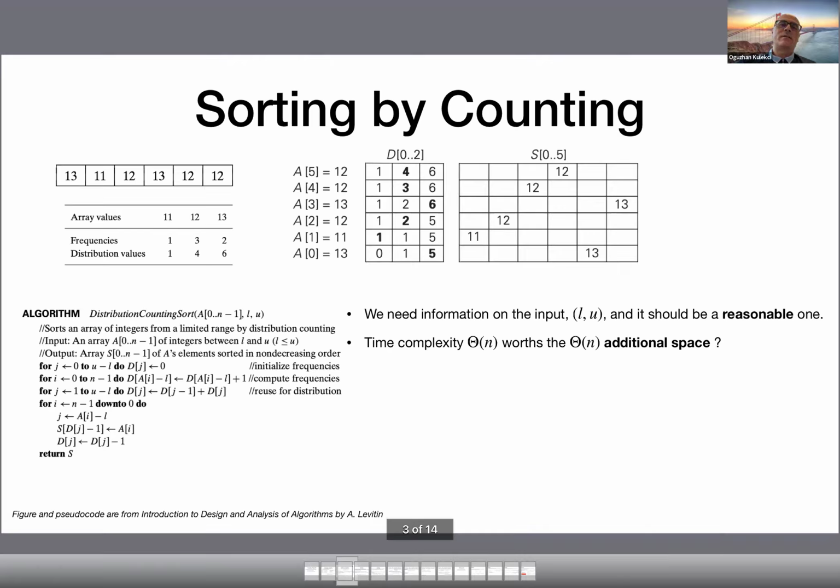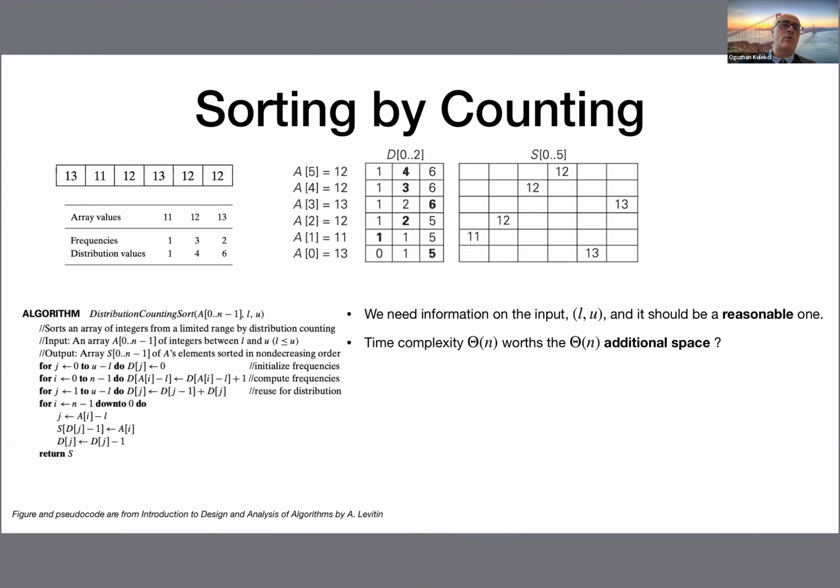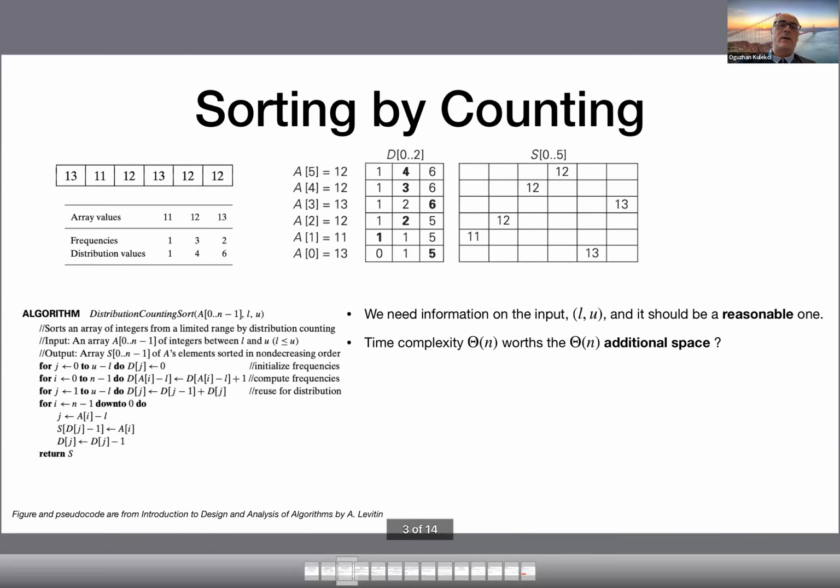Whenever I'm given the sequence, I would like to know the lowest value, the minimum value, and then the maximum value. For instance, if I'm given 13, 11, 12, 13, 12, and 12, so I will say that the minimum one here is 11, and the maximum one is 13. Good? Okay. Now, I know that all the elements in this array are in between these guys.